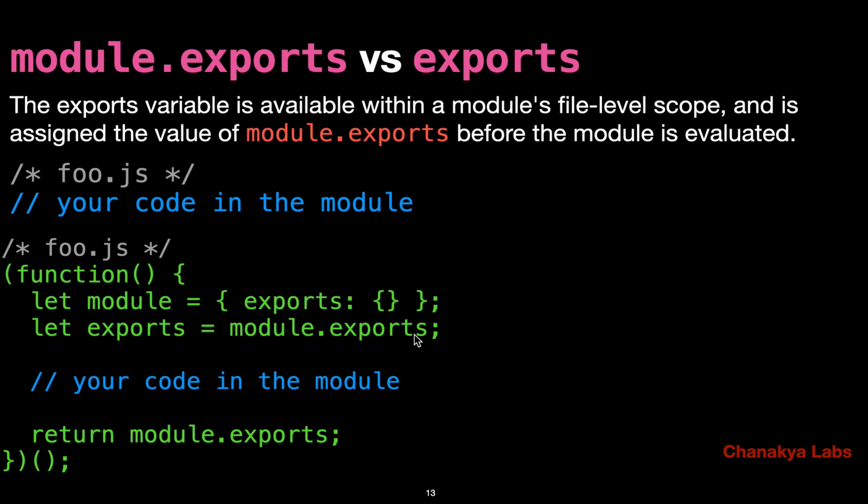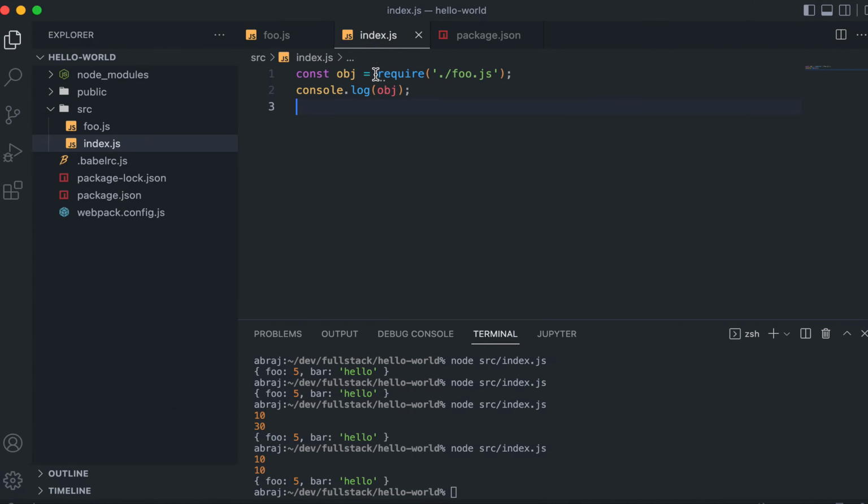This is how it is, right? And this is most important: at the end, the final value returned is module.exports. Whatever is module.exports, that is finally returned. And what is the purpose of this return? If the whole function is called, whatever is returned is the value which is assigned when you do something like require.